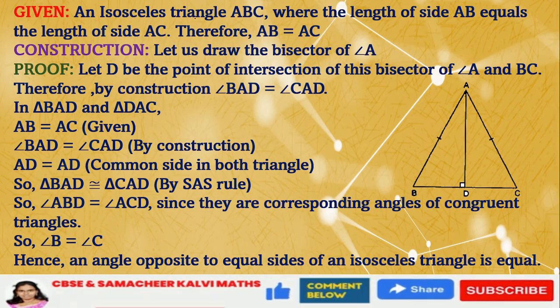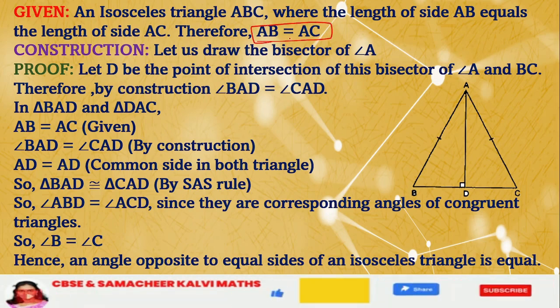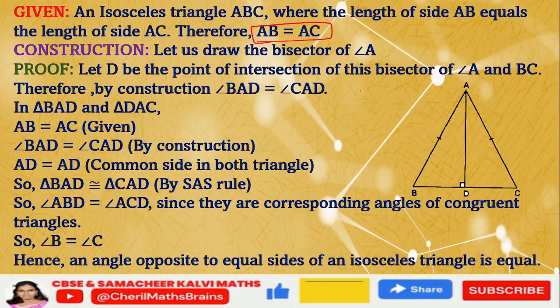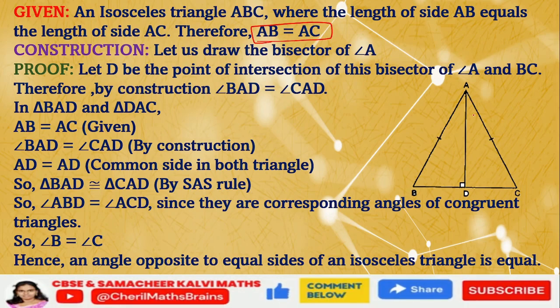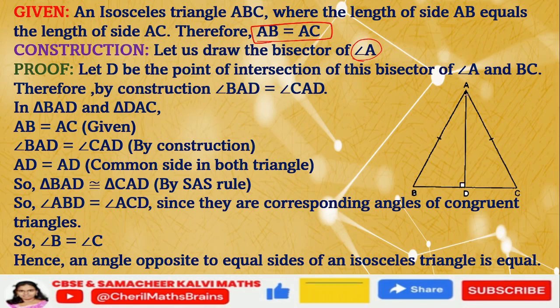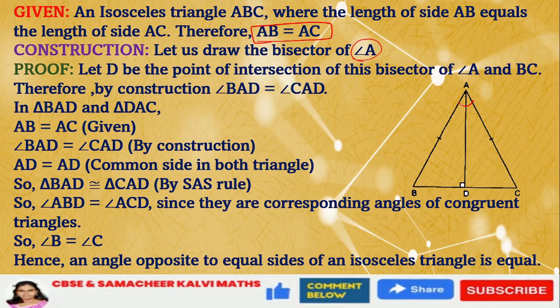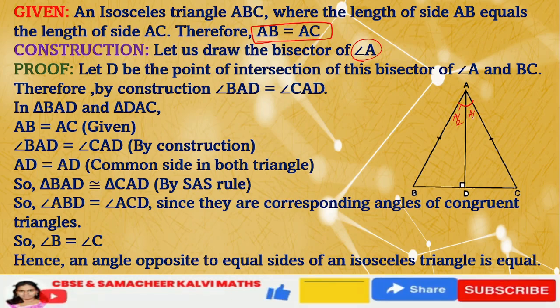So we are given an isosceles triangle. Therefore we consider AB is equal to AC. We are taking AB equal to AC and doing a small construction, that is drawing an angle bisector. Angle bisector means it will divide this angle A into two equal halves. That means on this side we will have the angle A by 2, here again A by 2.